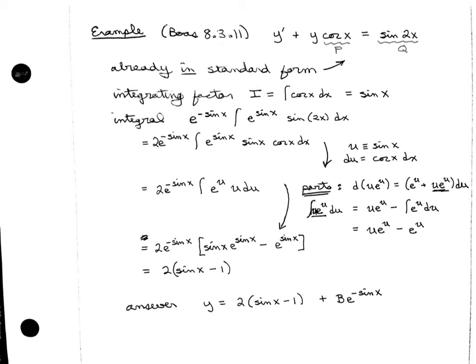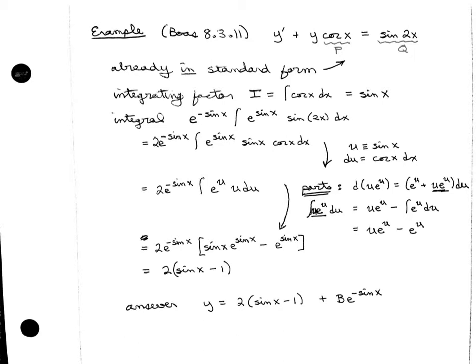And placing that back in the expression above, we now have to remember that u was in fact sine x. So we find that the integral that we're trying to do is now this external factor 2 e to the minus sine x times the result of doing the integral, which is sine x e to the sine x minus e to the sine x.